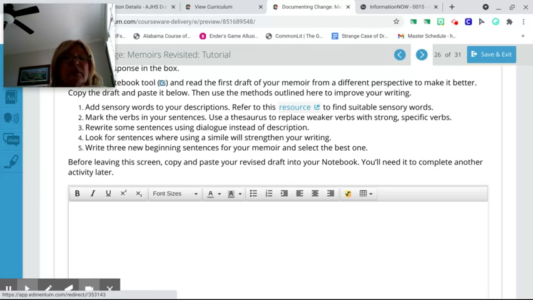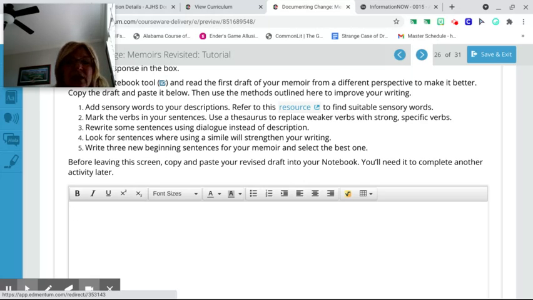Marking the verbs, maybe underline them or highlight them. And then check a thesaurus to see if you can maybe change them to make them even stronger, better verbs. Vivid. And when I mean vivid, I mean, do they paint a really good mental picture? Can the reader see what you're telling about?